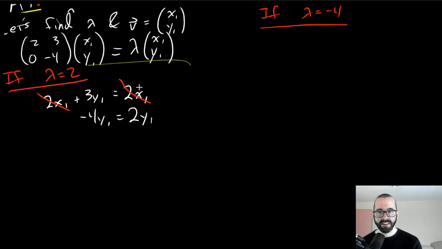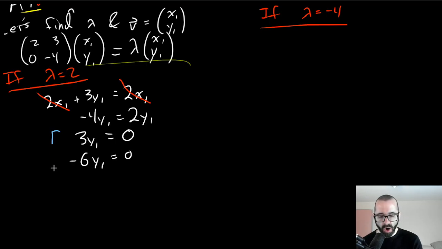See? The 2x1s cancel. These are redundant equations, and it's kind of hard to see that they're redundant equations, but look at what these equations become. These equations become 3y1 equals 0, and if we subtract 2y, we get -6y1 equals 0, right? These are redundant, and they always will be.